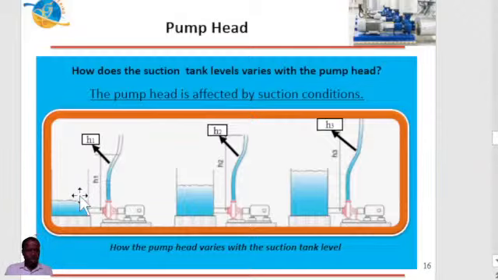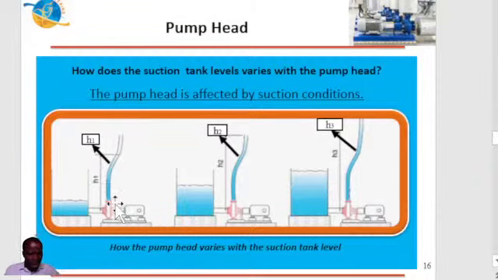Now, if you look at this critically, you see the suction tank level for case 1, for case 2, and for case 3. What this is telling you is that as the suction tank level is increasing, the pump head is also increasing, right?